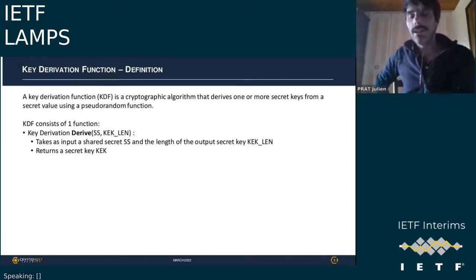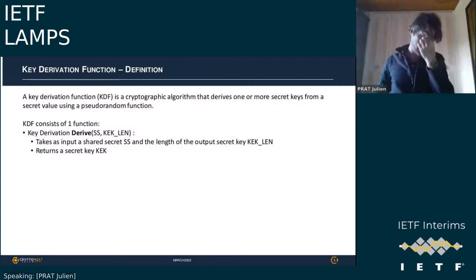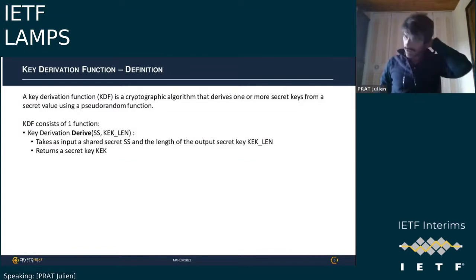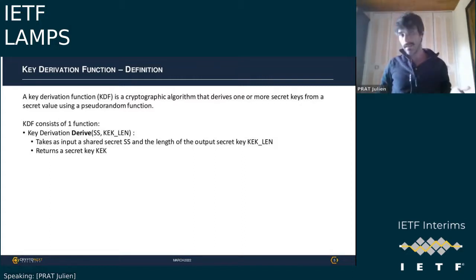Thank you. The whole mechanism will actually be a combination of three algorithms. So first a KEM, a key encapsulation mechanism, then a KDF. So here we remind what exactly is a KDF.